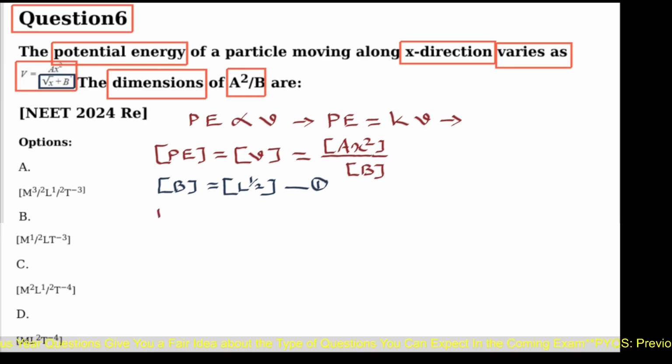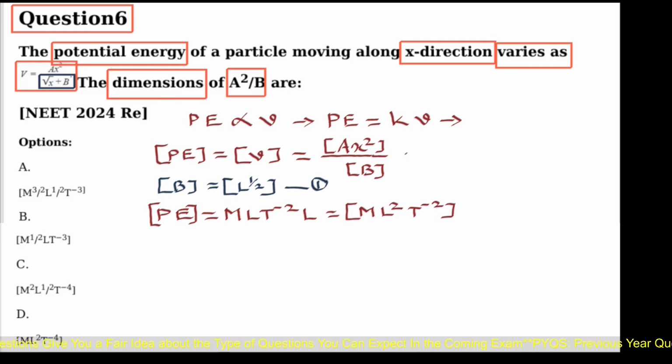Now potential energy is mgh, that is mass, into gravitational acceleration meter per second square, that is L into t raised to minus 2, and h, which is length L. So dimension of potential energy will be m L square t raised to minus 2.